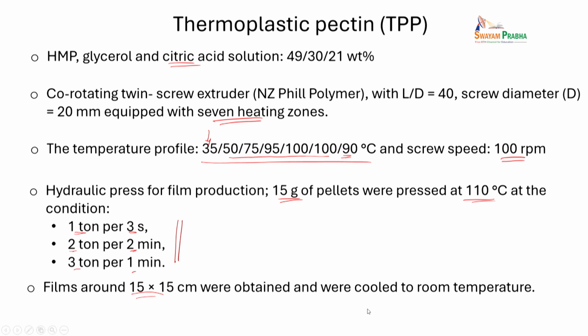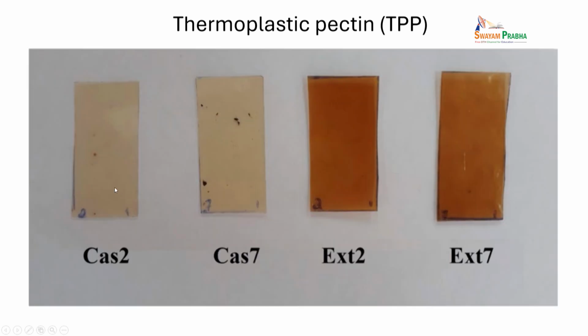Once the films were formed, they were cooled at room temperature. So this is one example of how to make thermoplastic pectin and how you can use compression molding for making films. Here is an example of those films.